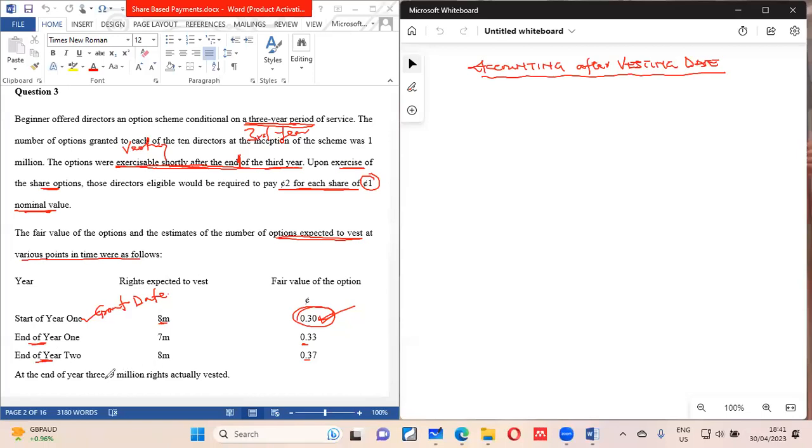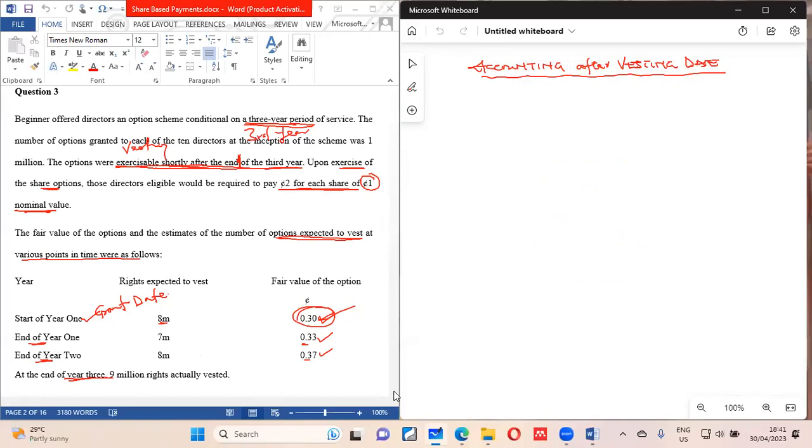If you make a mistake and pick these as your fair value, my question to you will now be, at the end of the 3rd year, what will be your price? So that is something you need to check. All right. So always look for the grant date, since it's an equity-settled share-based payment.